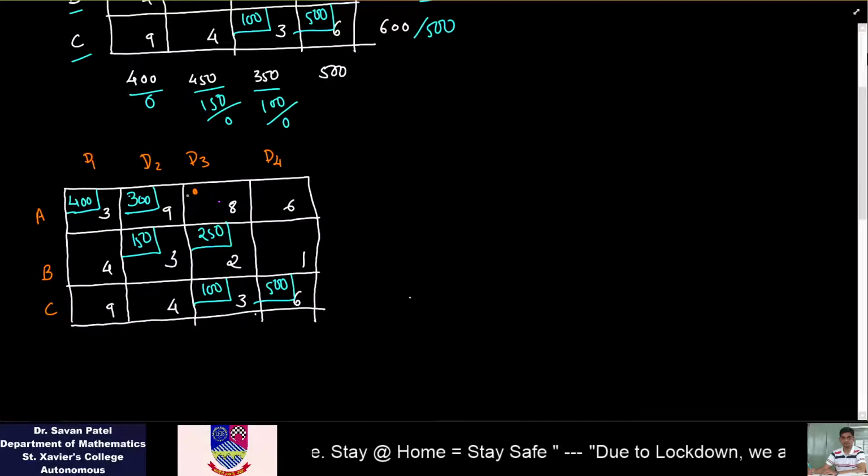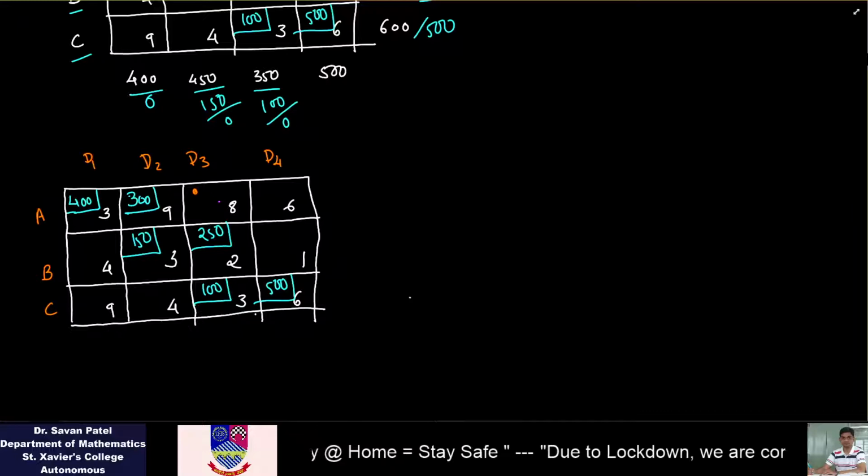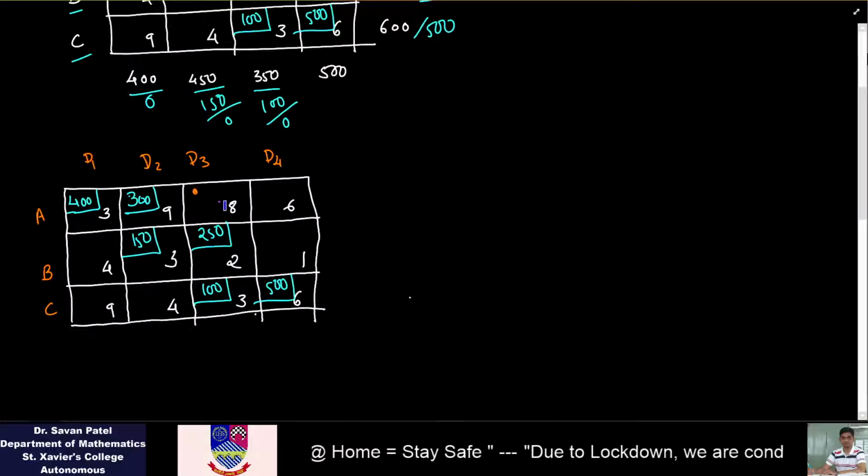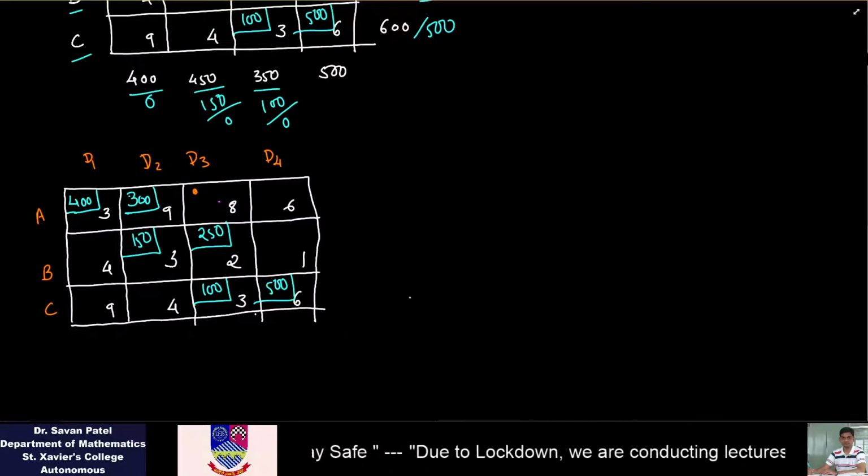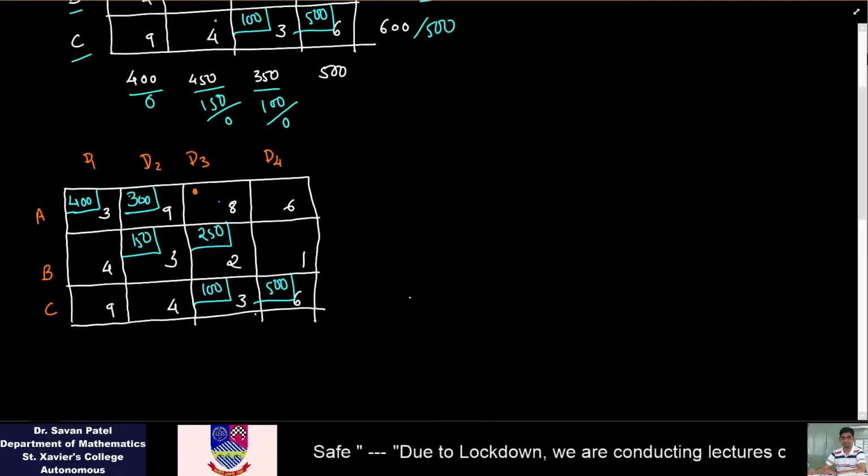To find the maximum allocation possible for D3 and the corresponding additional transportation cost, I have a loop like this: A to D3, from AD3 to BD3, then BD2, then AD2, and then come back to AD3.